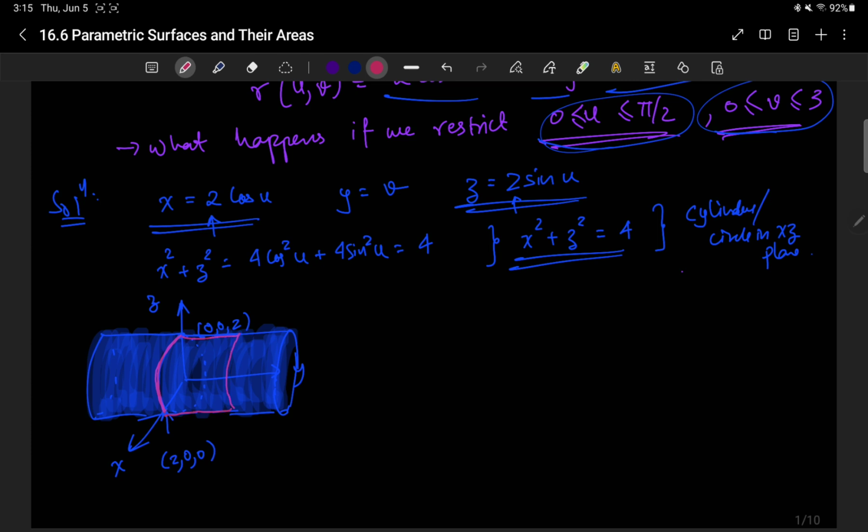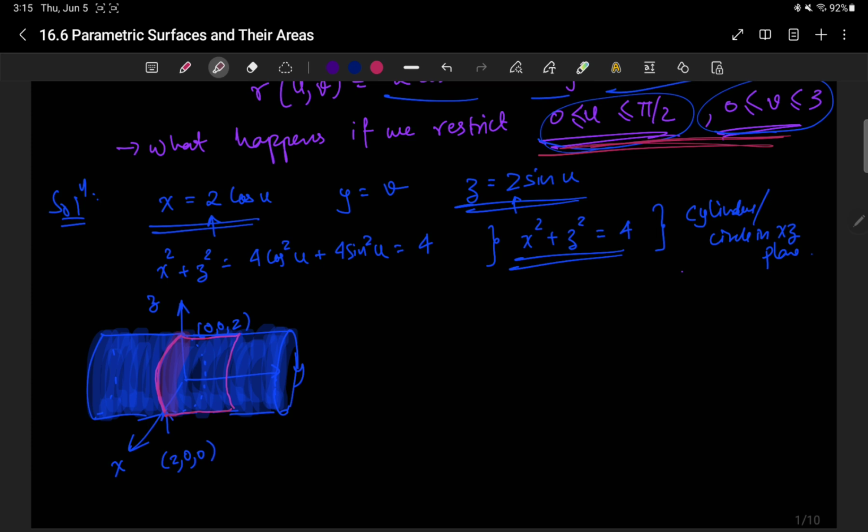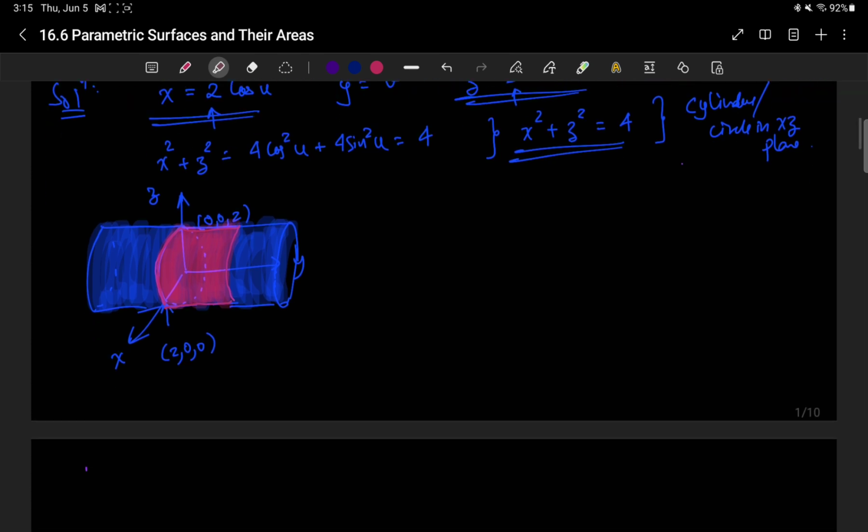So if I have this restricted surface, then the shading of this restricted surface will include just this part. So it'll be like this curved section of the cylinder that involves a quarter rotation of a circle and a linear distance of 3.